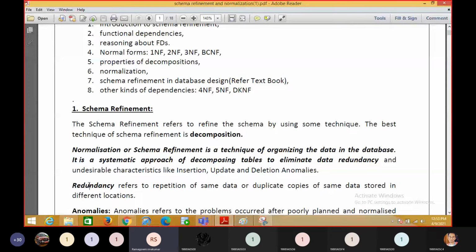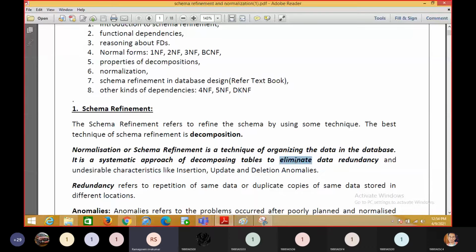First, what is redundancy here? Normalization or schema refinement is a technique of organizing data into the database. It is a systematic approach for decomposing tables. We are making one table into multiple tables, based on the conditions, based on the rules.